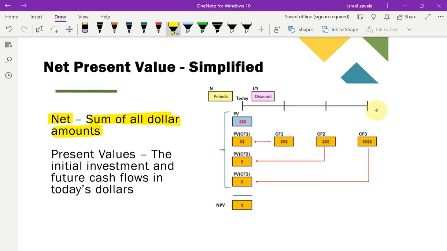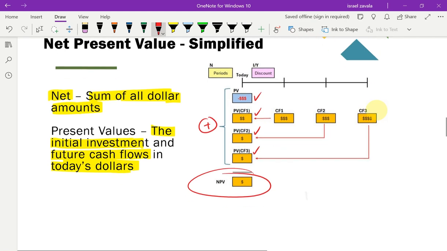And present value includes the initial investment and the future cash flows in today's dollars. So net present value just means that we're going to add our initial investment and the present value of all the future cash flows. And when we add them together, we get an NPV, a net present value. Okay? All right, I hope that was clear.